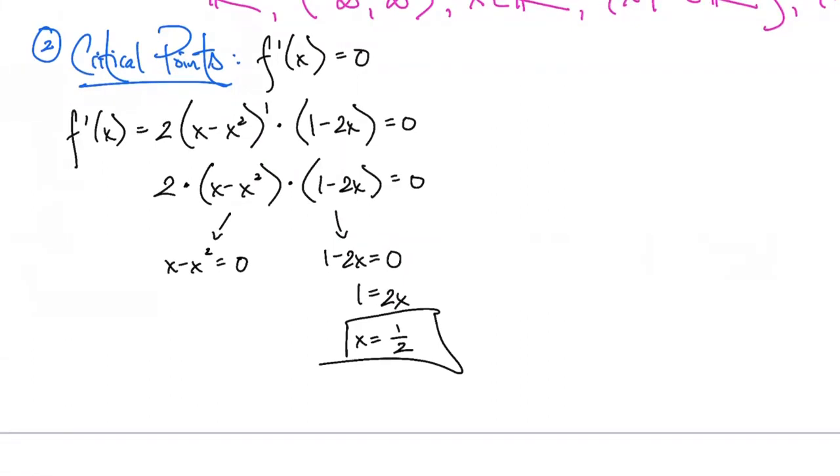Perfect. All right, for the left-hand one, x minus x squared equals 0. How do we solve for x? What are our thoughts?